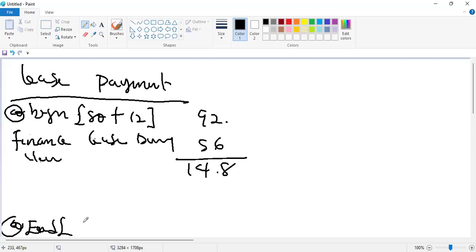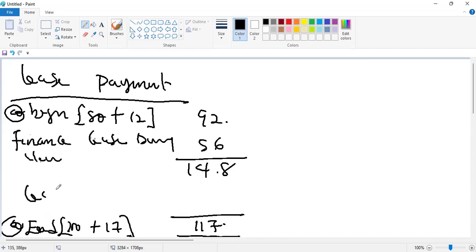At the end, I will see one in the current and the other one is non-current: 100 plus 17. How much is the lease rental now? This 31.